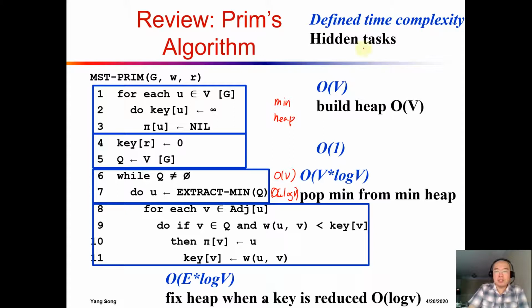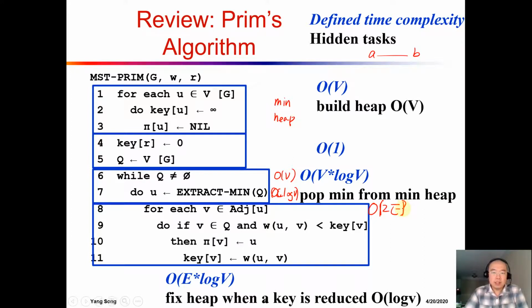The reason is, if there is an edge between A and B, then in A's adjacency list we will see the edge AB, and in B's adjacency list we are going to see BA. So there will be 2E, because for each edge we visit it twice. For this for loop, it is guaranteed that we will visit 2E times. So that is O(2E).